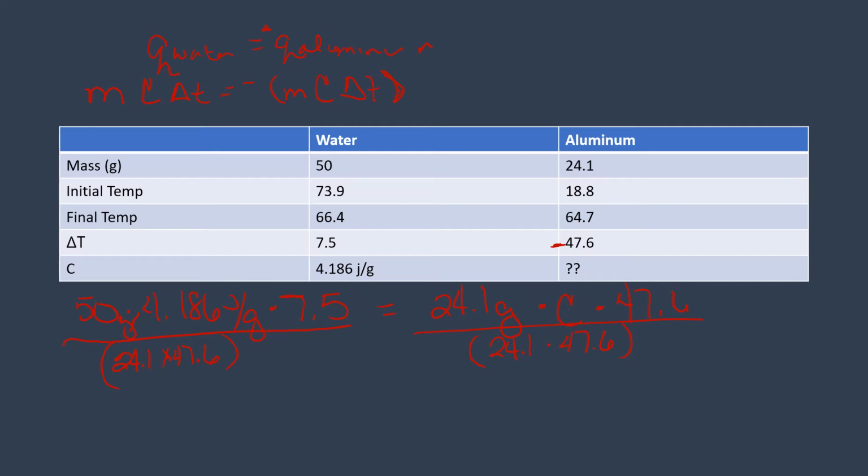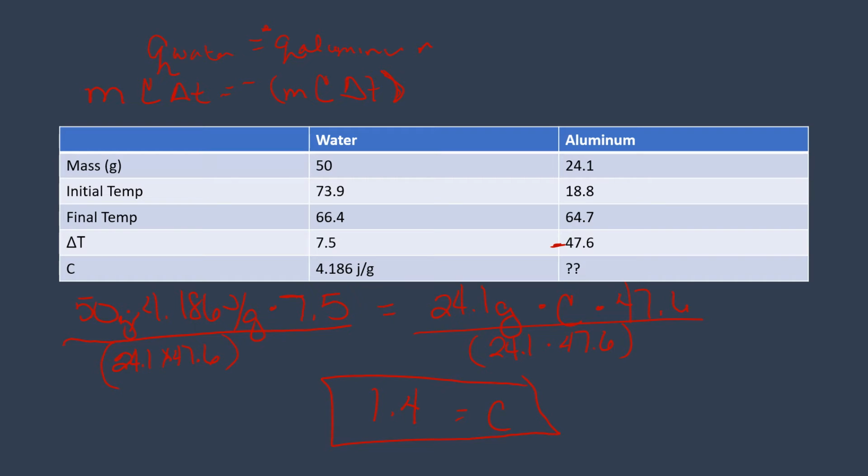And when you figure this out, you come up with C is equal to 1.4. And if a few of you stayed after class, we looked it up, and the answer we should have gotten was 0.9. So now we need to figure out how close were we.